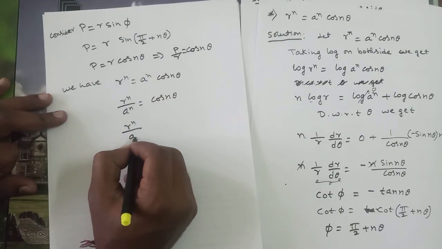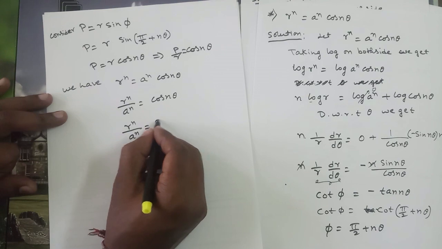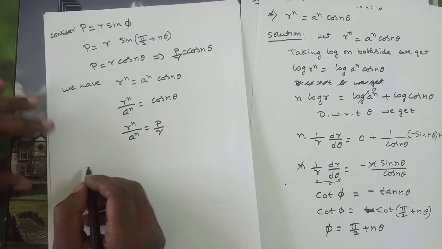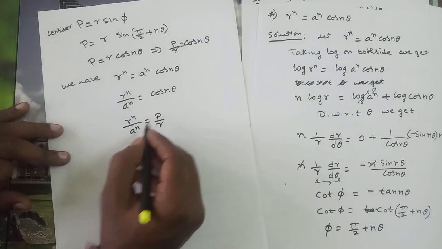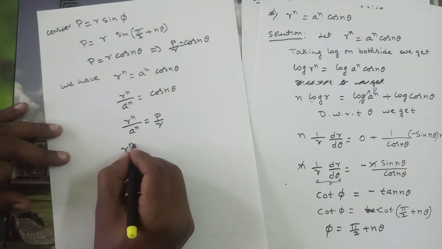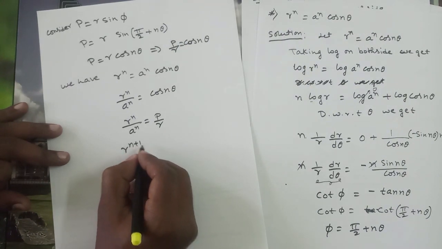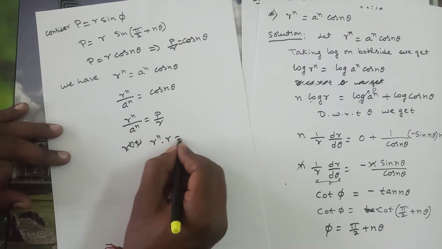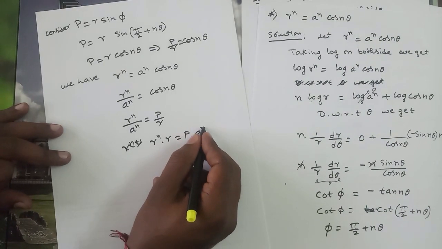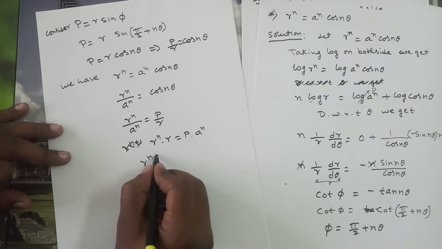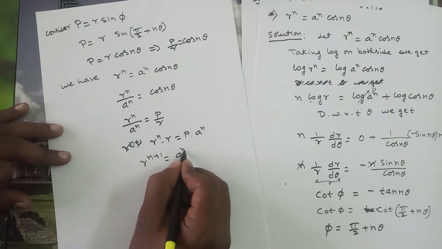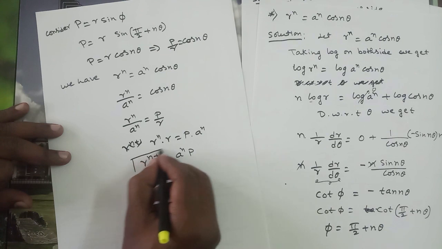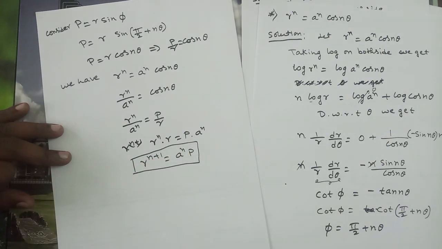So r to the power of n divided by a to the power of n equals p by r. So r goes to the left and a to the power of n goes to the right hand side. So r to the power of n plus 1, otherwise if you write r to the power of n into r equals p into a to the power of n. So r to the power of n plus 1 equals a to the power of n into p. So this is your required pedal equation.